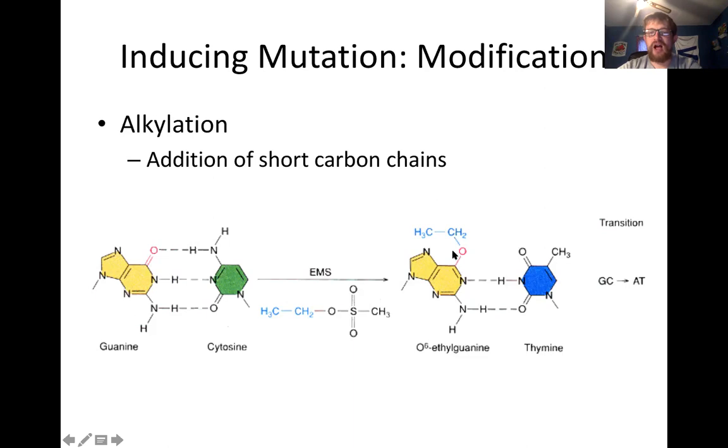We add that to this oxygen. When we add that to oxygen, we actually lose the ability to have a hydrogen bond right here. And in fact, we now only have 2 eligible spots for hydrogen bonding, all right?